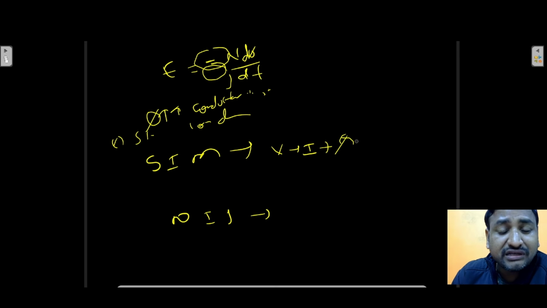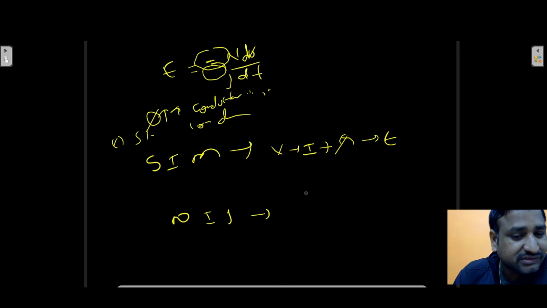That flux is cut by the static conductor or static coil, therefore an EMF is induced in it. So when the flux is variable and the conductors are static, the resultant induced EMF is nothing but statically induced EMF. On the other hand, what does dynamically induced EMF mean?